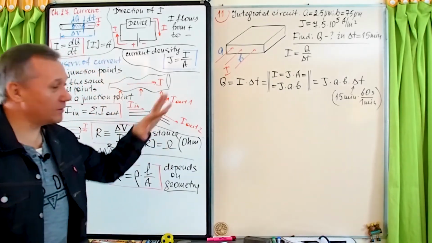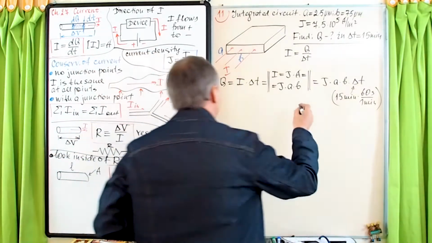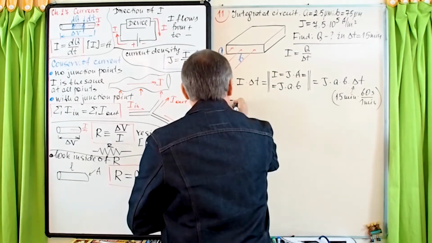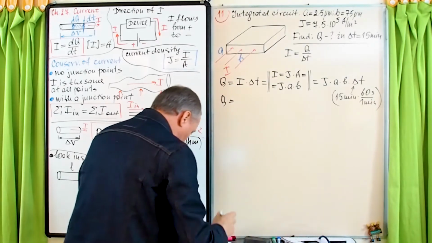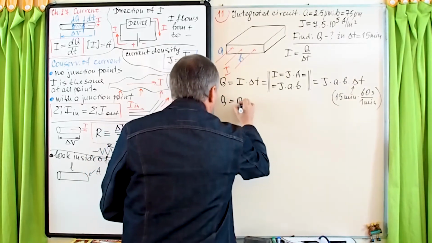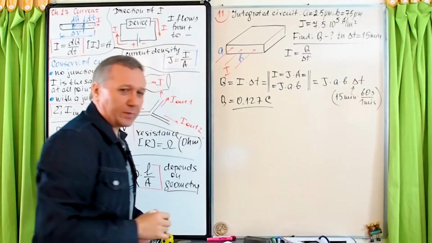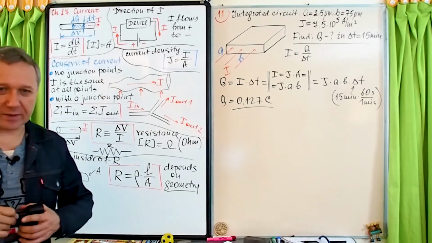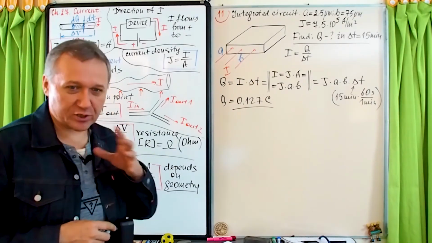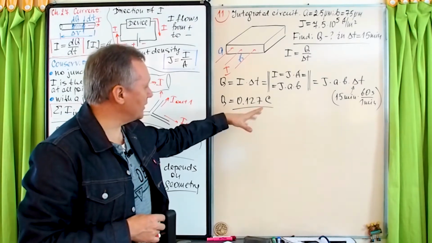So, I'm not going to plug numbers, so I will just write the answer. It will be 0.127 coulombs. I don't know why, but in the previous section, students not complained, but challenged that they got 0.0127.